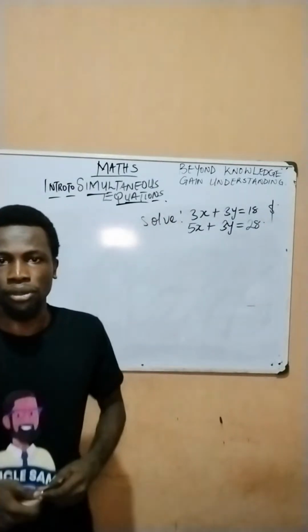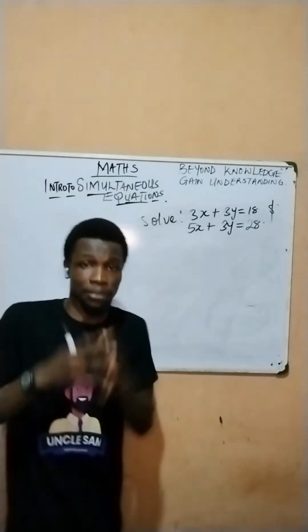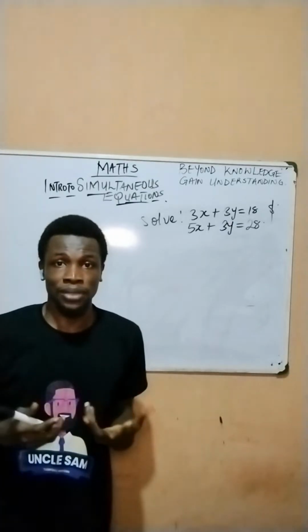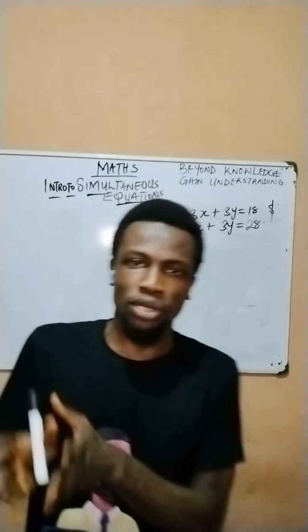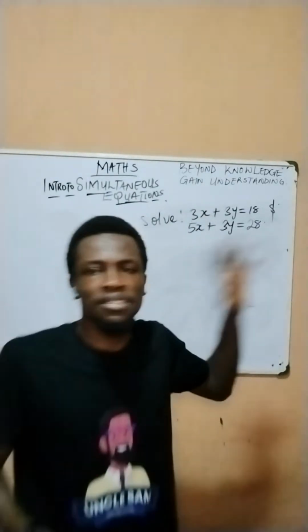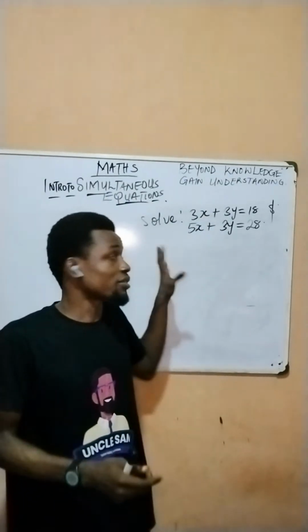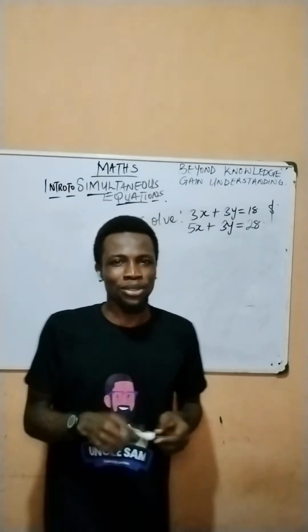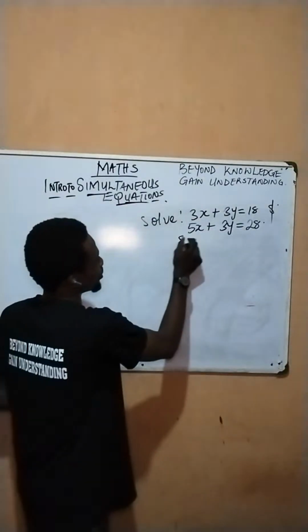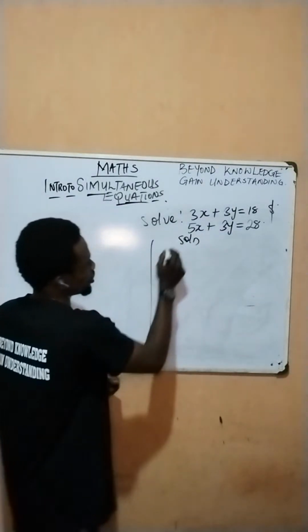This is what we are solving for now. So we're still using elimination method for us to get acquainted with it. After now, I'm going to bring another question. That's the third question that we're going to be solving today, where each of the variables for the two equations does not have the same coefficient. And you'll see what we're going to be doing in that case. So solution. Let's solve this together.